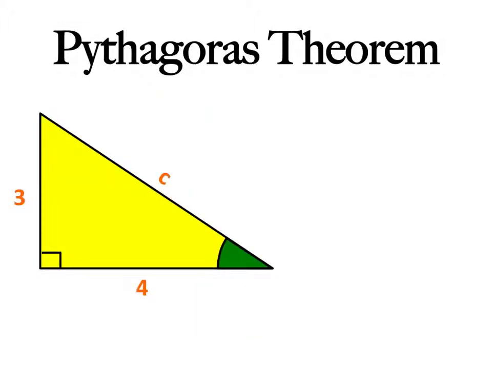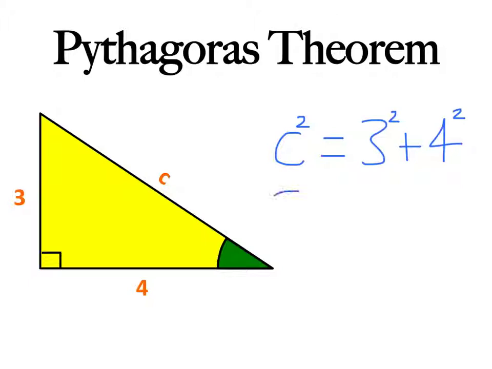So, let's look at this example here. I've got this side, I've actually just done this for you. I've got this example here. I've got a side of 3 and a side of 4. Okay, now I know that c squared, or if I have a square off here, it would be equal to 3 squared plus 4 squared. Okay, and again, I'm finding the squares off either of these sides.